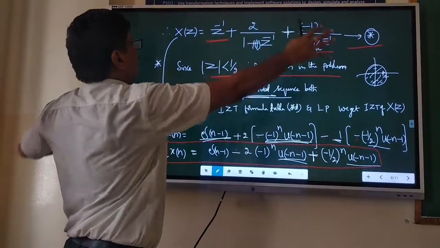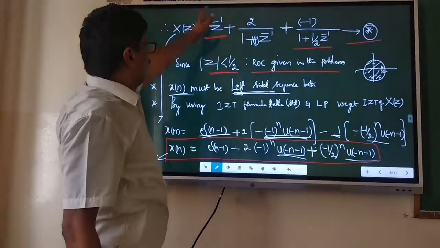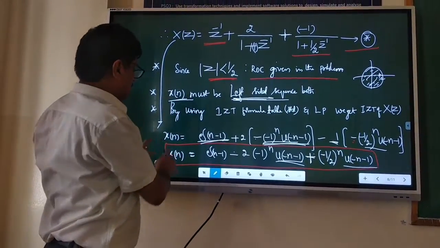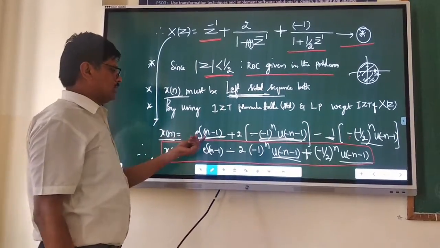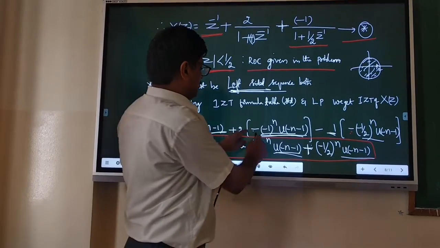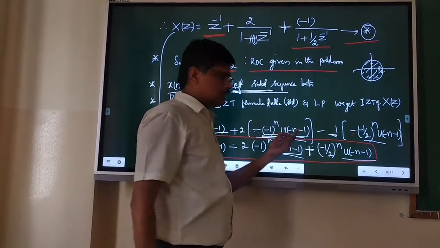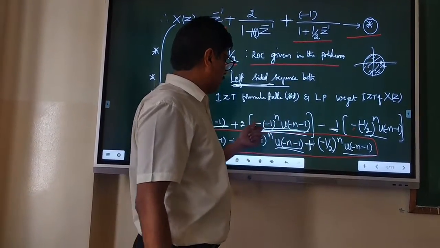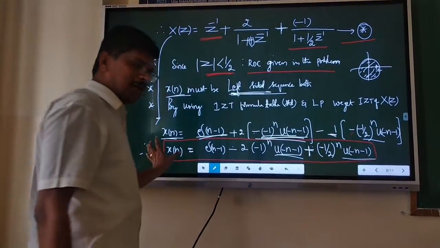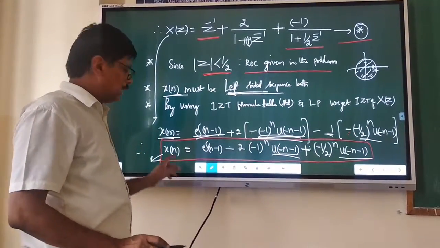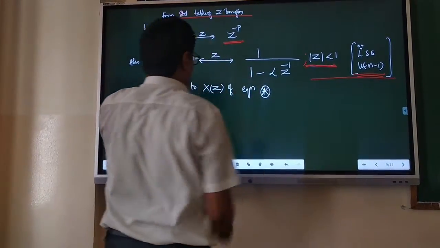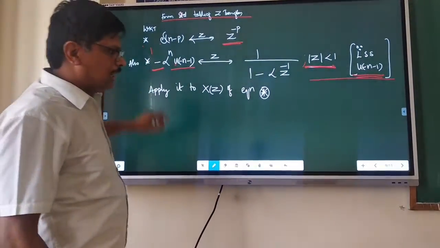Then substitute in the complex Z transform, z power minus 1, all these things, call it star, then apply conditions and get the original signal x of n, which is delta of n minus 1 plus 2 because of linearity. Then from the table, this is u of minus n minus 1 times minus of minus 1 to the power n. Similarly, the second term, and in the end you will get the complex original signal x of n. This is the formula that I used from the table, and I have substituted.